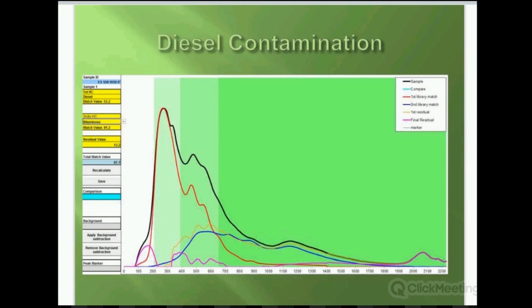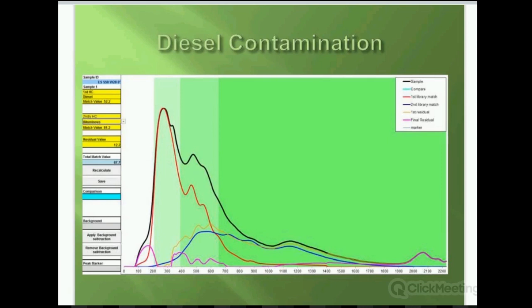And if you look carefully, there's a sort of yellow line there, and that yellow line is the residual left after the diesel has been removed, and a blue line is now following that yellow line. And that blue line is for a compound called bituminous. If you look up on the top left-hand corner, the first one is diesel, the second one is bituminous.